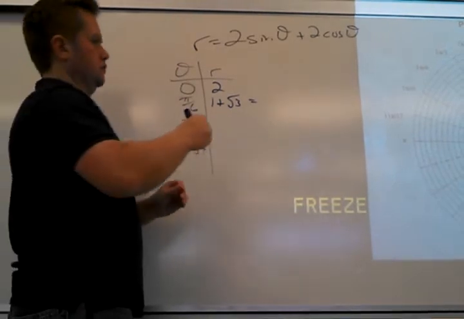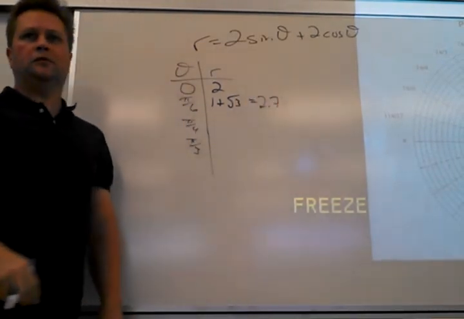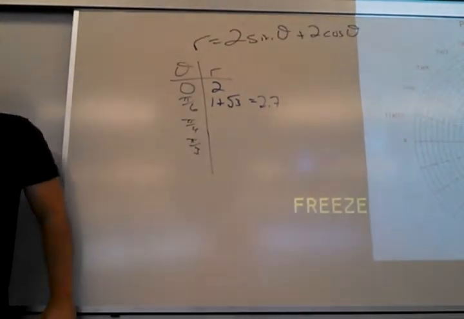Just 2.73. All right, I just want to put a couple of these down and make sure everything's right. Just take it out to one decimal place, I think it's okay. Pretty good for graphing.